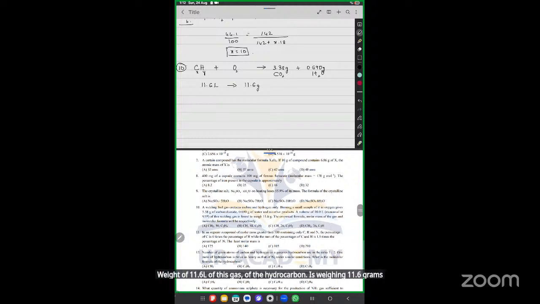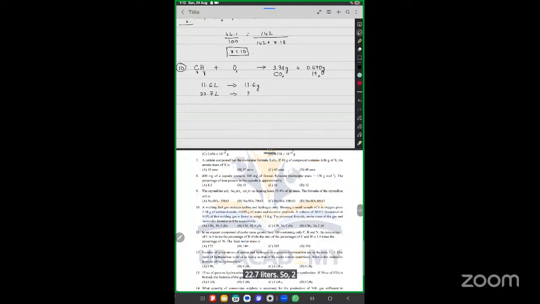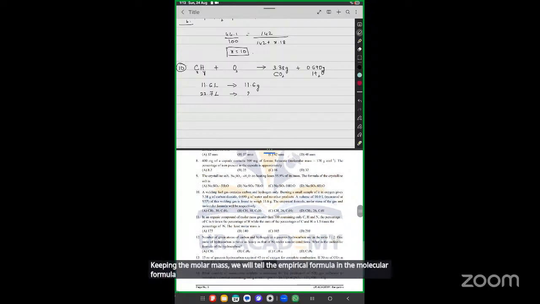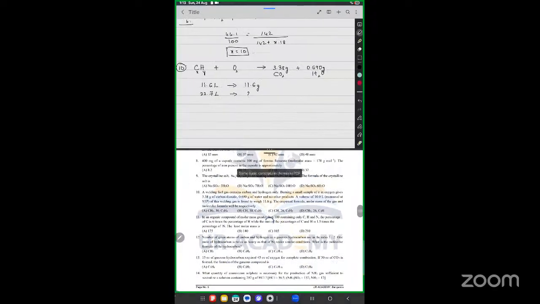At STP, they have told at STP, what is the volume? 22.7 liters. So 22.7 liters is nothing but the molar mass of the hydrocarbon. Find the mass, you get the answer, which is the molar mass. Keeping the molar mass, we will tell the empirical formula and the molecular formula, right? So this X is nothing but 22.7 into 11.6 over, sorry, what was the volume?